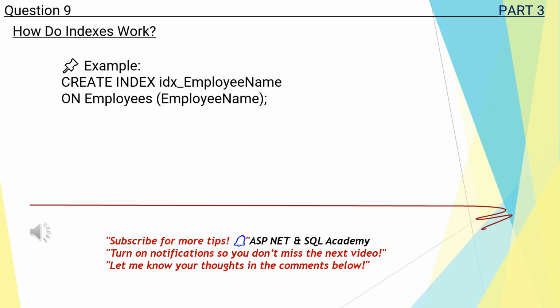Here is an example of creating an index on the employee name column in the employees table. When you search for a specific employee by name, the index allows the database to find the matching rows faster rather than going through each record one by one.